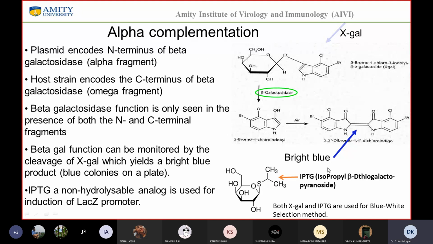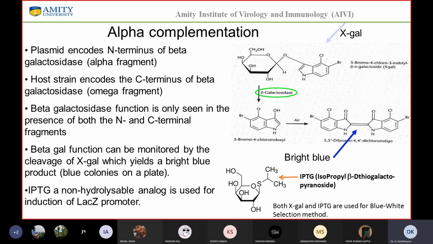In the absence of IPTG, your beta-galactosidase will not be produced, right? Because that is the inducer. So even though you have X-gal in the medium, all the colonies will still be white in color. So it will look as though every colony is a recombinant one.